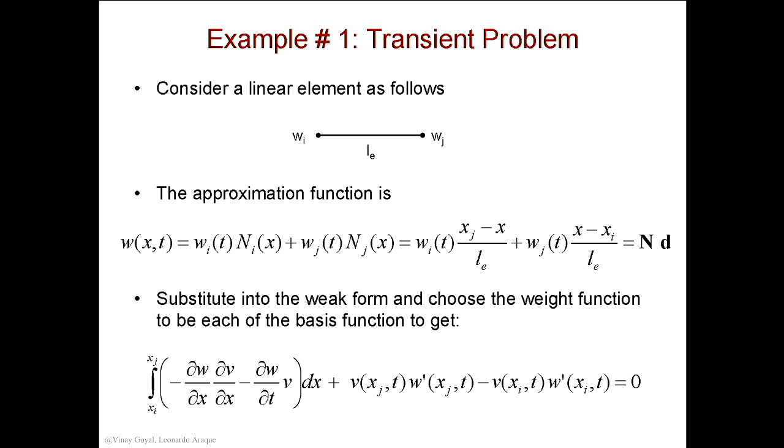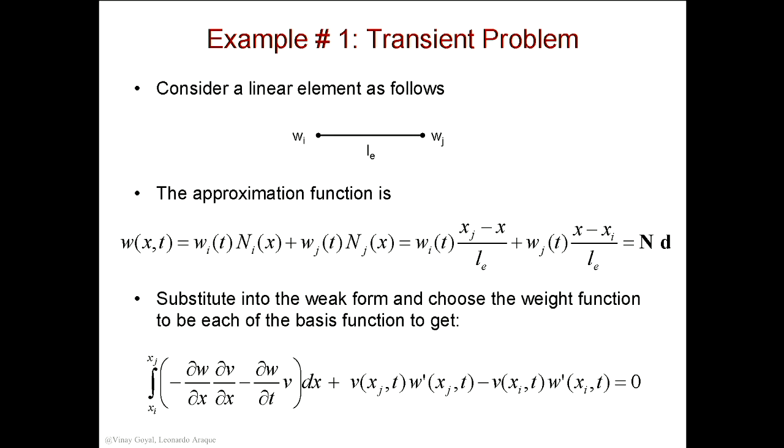So now my nodal quantities that we were talking about before, which used to not be a function of time, are now a function of time. Let's not change the rules of engagement. These are my shape functions. I'll put them in a matrix, bold N, so you remember, and this is just a function of x. And I'll lump wi and wj in the vector d, and that will be a function of time.